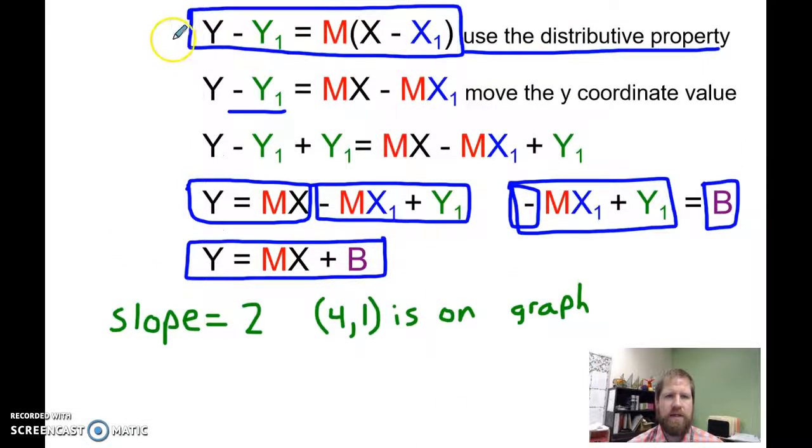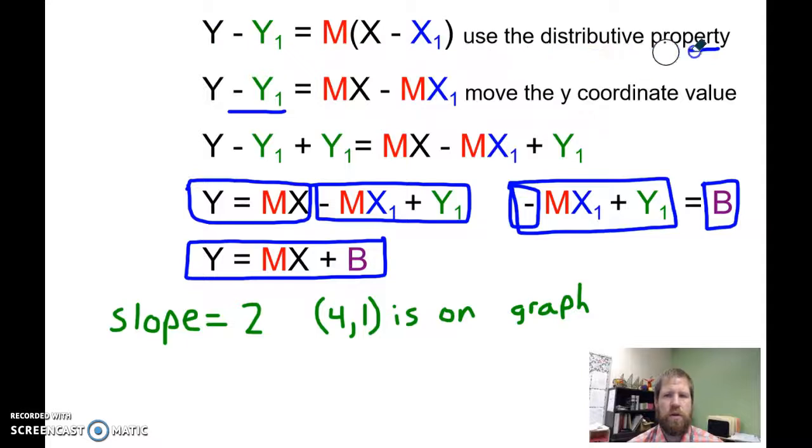Now, why are we doing that? Again, the reason is we can often get information that's difficult to put into slope-intercept form. If we have the slope and we have the intercept, that's easy. We just plug it in. Or if we have the intercept and we have another point on the line, that's pretty easy.